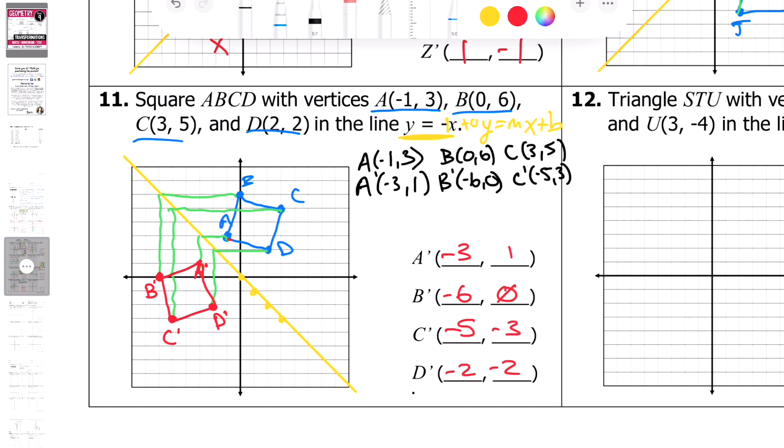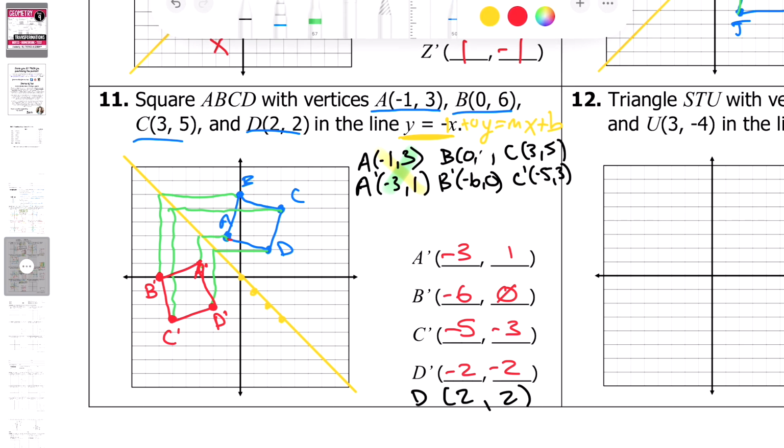And I will put D down here. So D was 2, 2. All right, so if we take a look at these just like we were on the last one, they sort of do that crisscross thing that we were seeing. But there is a slight difference. They also change signs. So if we look, negative 1 went to positive 1. 3 went to negative 1.